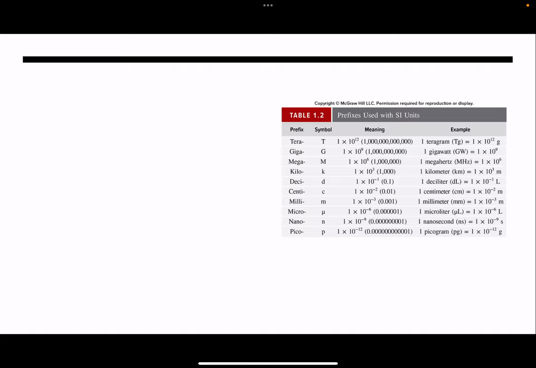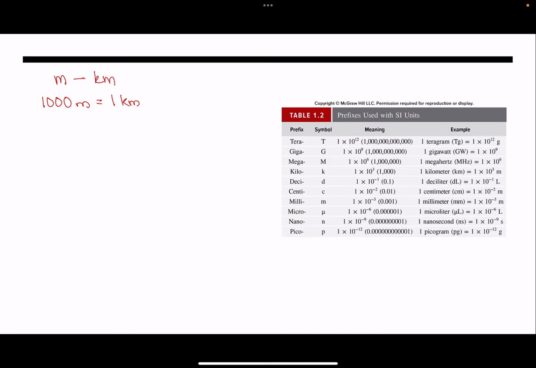Let's say we are looking at a conversion factor from meter to kilometer or back. So we know that 1,000 meters equals 1 kilometer. So we can set that up as two different conversion factors.